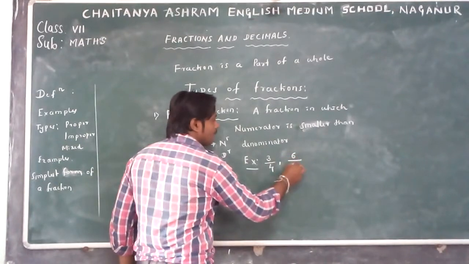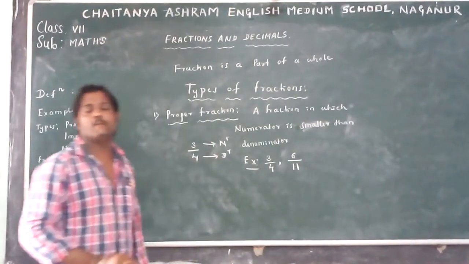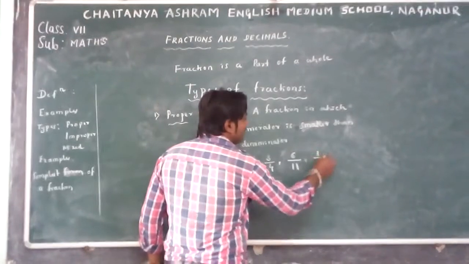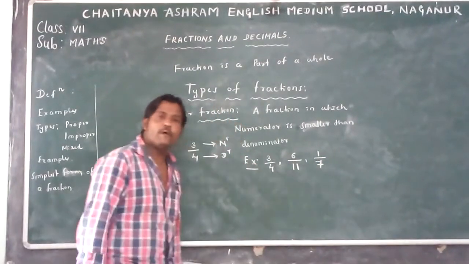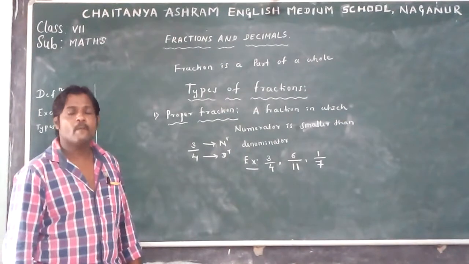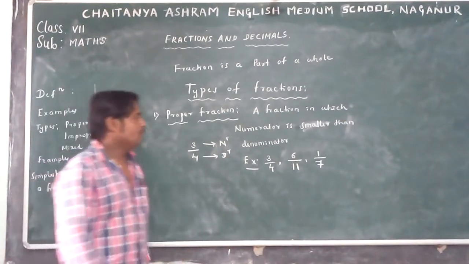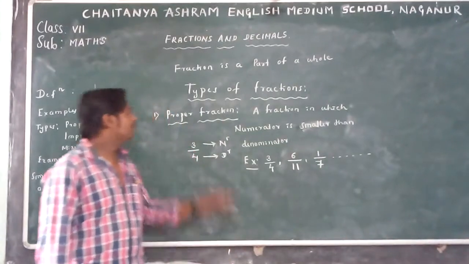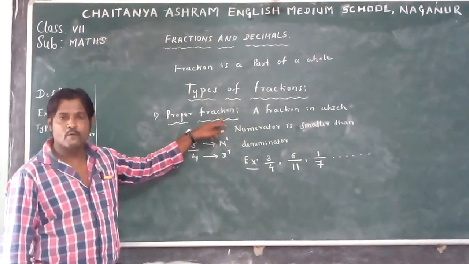And 6 by 11 is an example for proper fraction. 1 by 7 is also an example for proper fraction. So dear students, these are the examples of proper fraction.